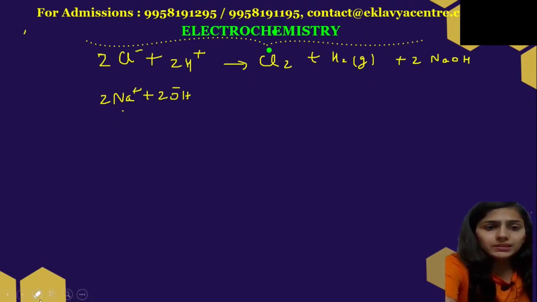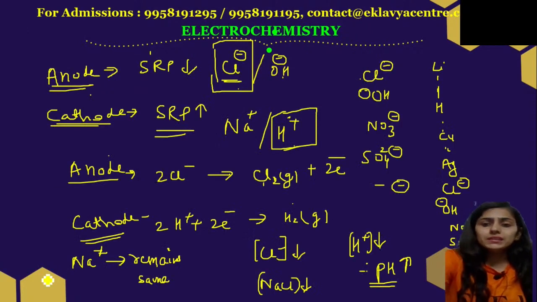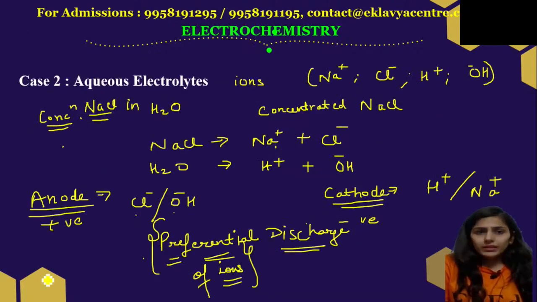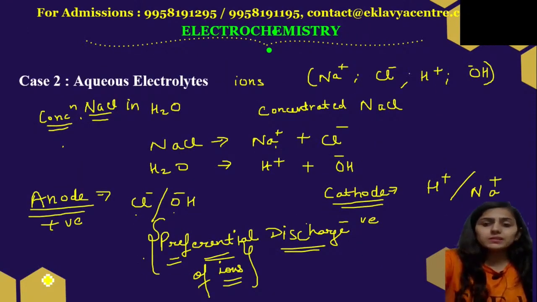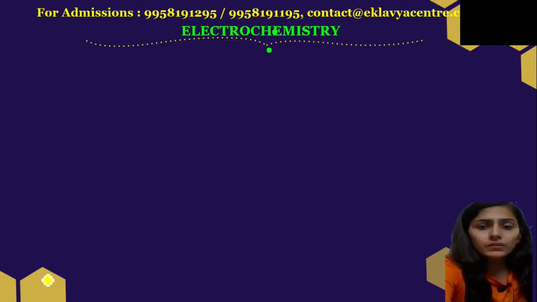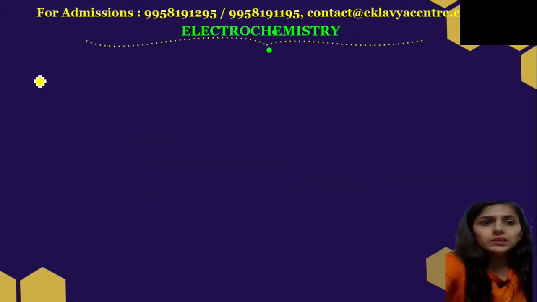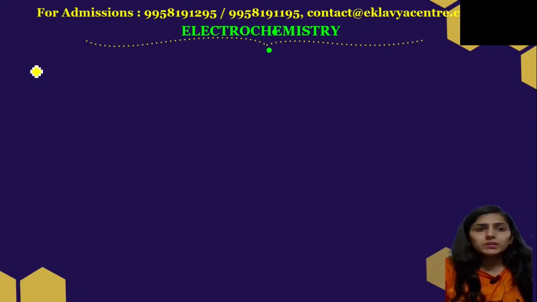So now in the next case, beta, we have taken the case of concentrated NaCl in water. Now the second case is when we'll discuss aqueous NaCl, like dilute NaCl. Second is dilute. This time we are going to take dilute NaCl in water.